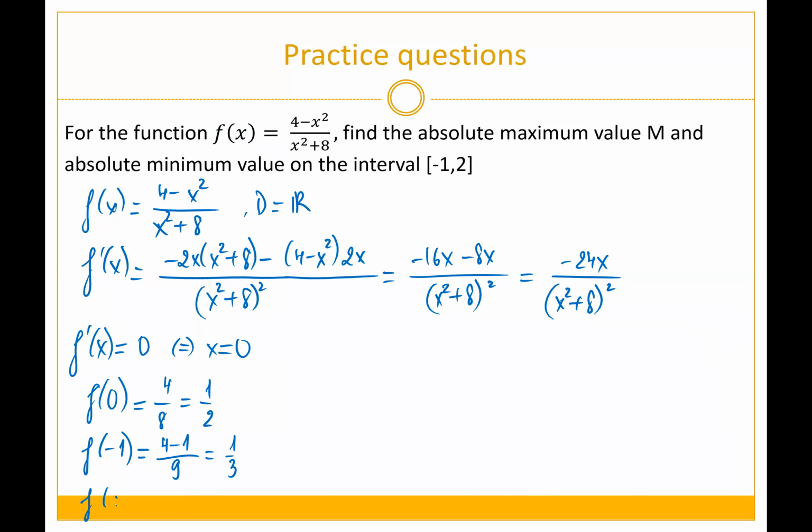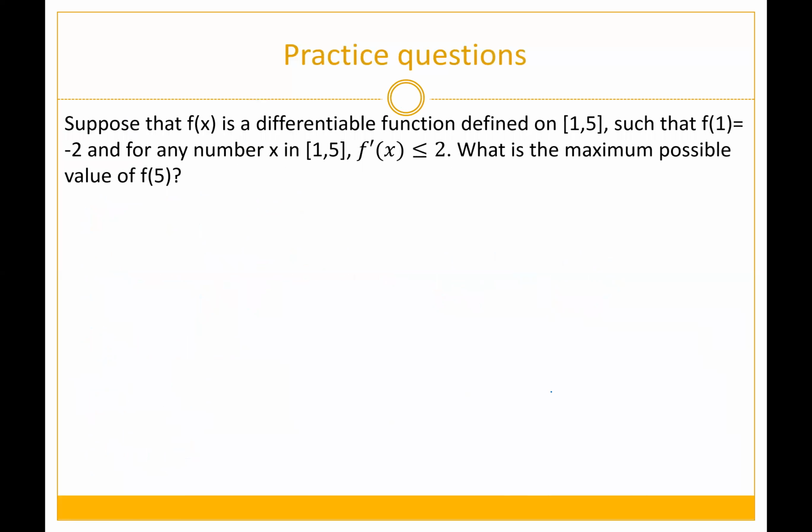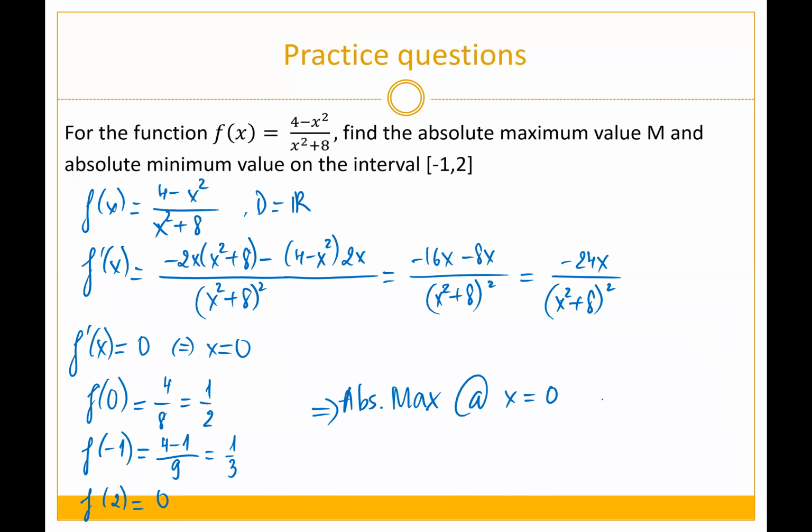And then f of 2 is going to be 0. Therefore, our conclusion based on the closed interval method is absolute max at x equal to 0, f of 0 is half.